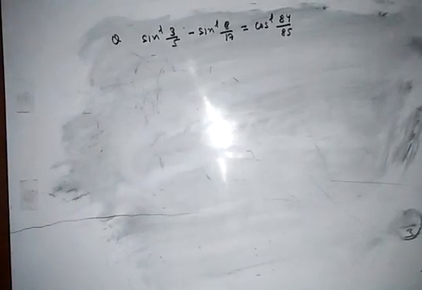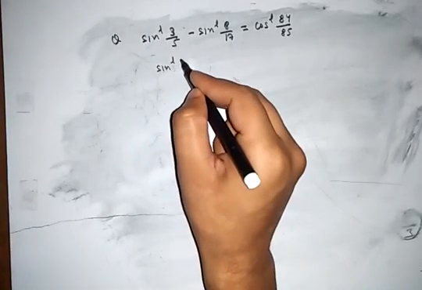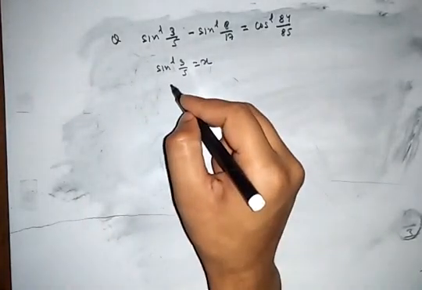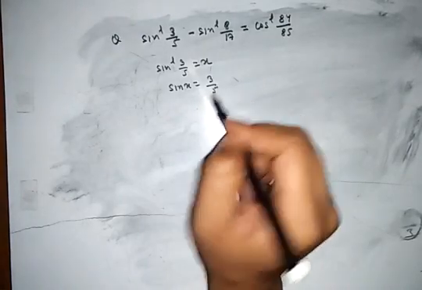If you assume sine inverse 3 by 5 is equal to x, or y, or theta, anything you can say, suppose I am assuming x. Then you will get sine x is equal to 3 by 5.